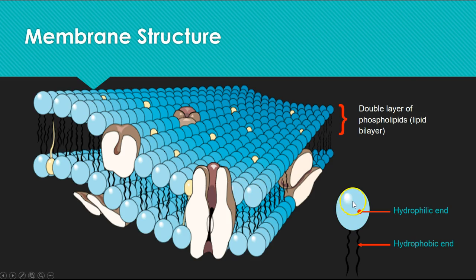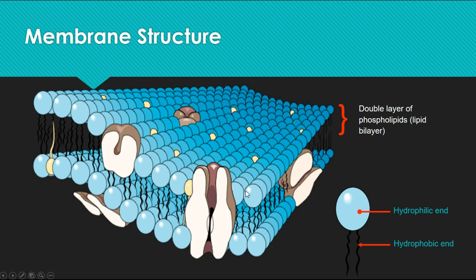They have a hydrophilic head, which means water loving, and a hydrophobic tail, which means water hating. So the water hating tails orientate inside the cell membrane structure, and the hydrophilic heads are on the outside.